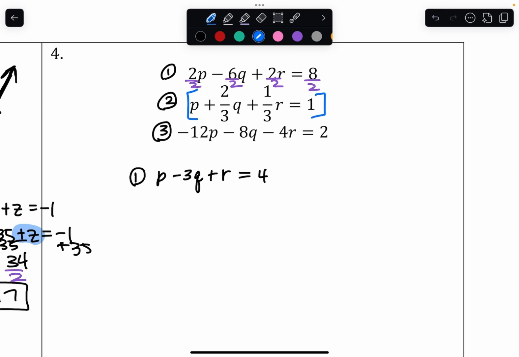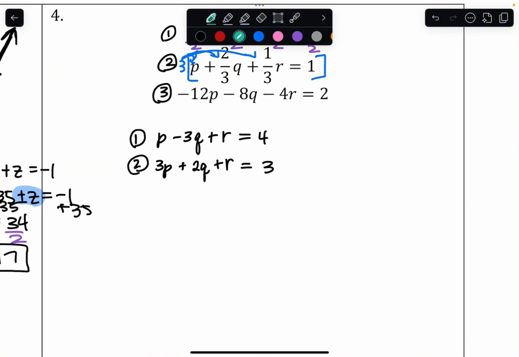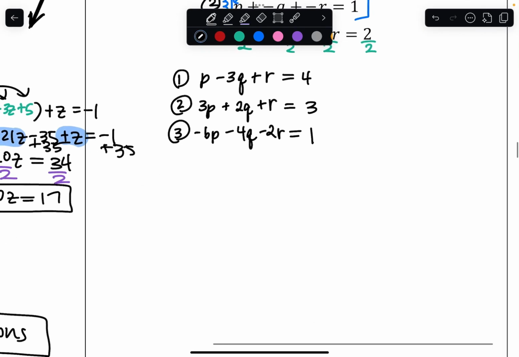And so let's scale the entire equation by a 3 to clear those fractions. So equation 2 would become 3p plus 2q plus 1r equals 3. And then the last equation, once again, we can divide all of those by a 2. Okay, so negative 6p minus 4q minus 2r equals 1.